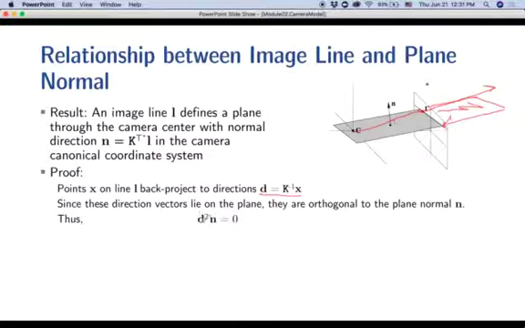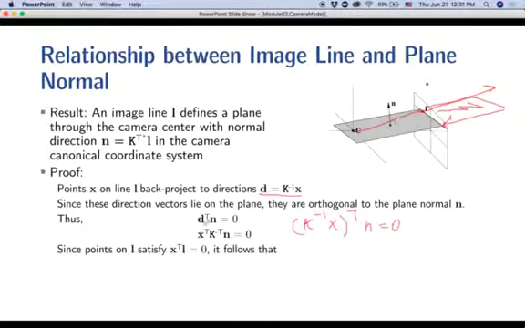Now I can just substitute in D, so K inverse X transpose N should be 0, but (AB) transpose is B transpose A transpose, so X transpose K minus transpose N should be 0. And what does that mean?